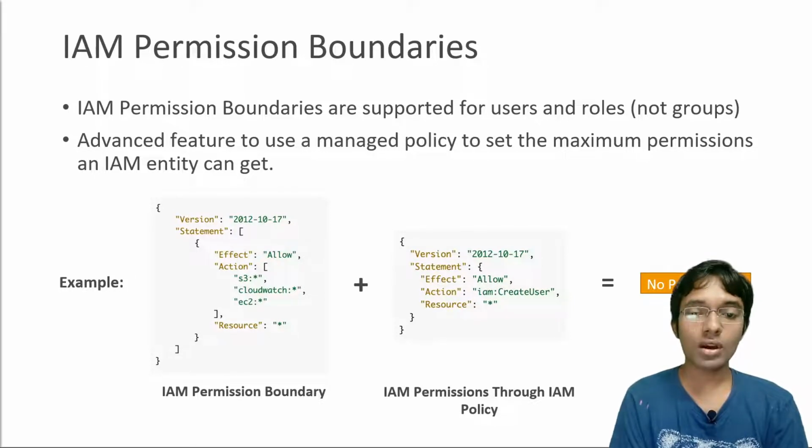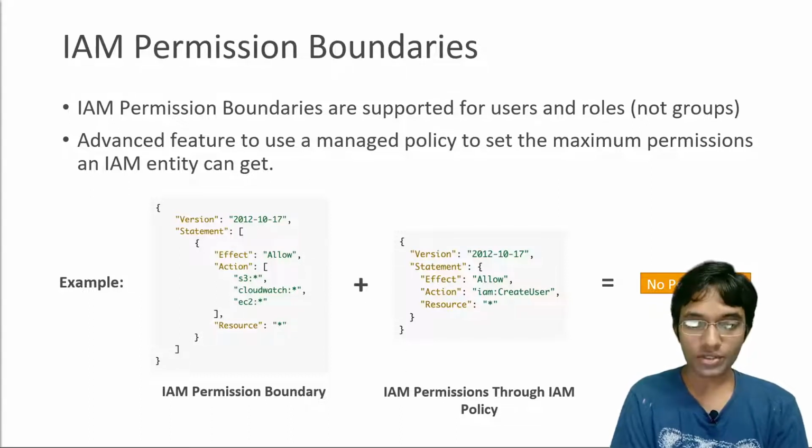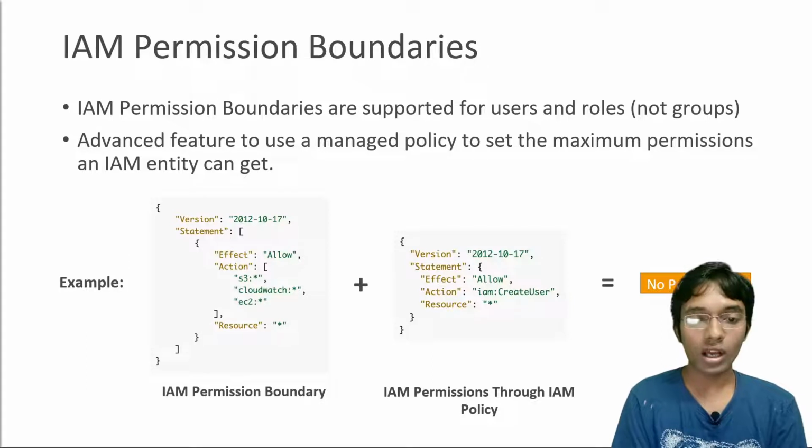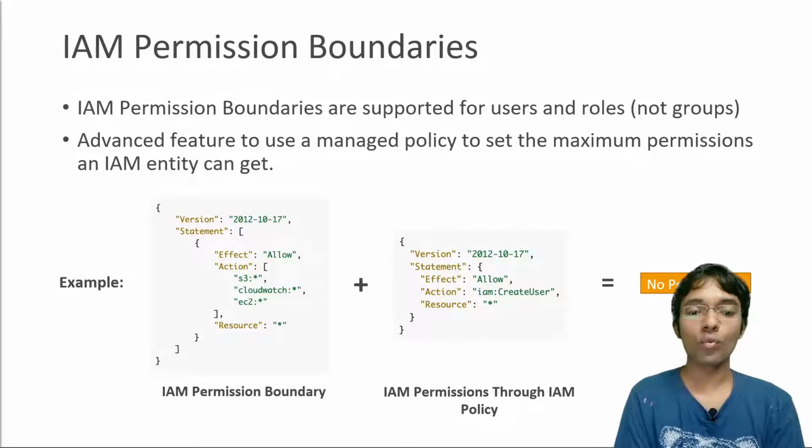Say we attach this IAM permission boundary, which allows s3:*, cloudwatch:*, and ec2:*. Through the IAM policy, we just allow iam:CreateUser. When these two are combined, there will be no permission.